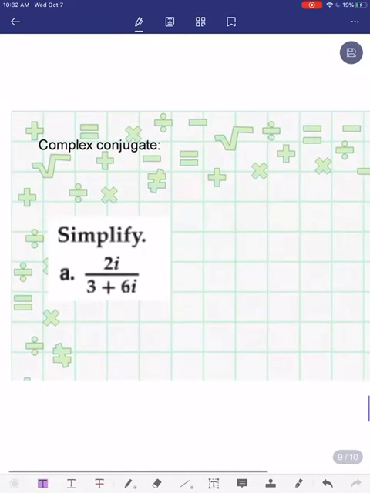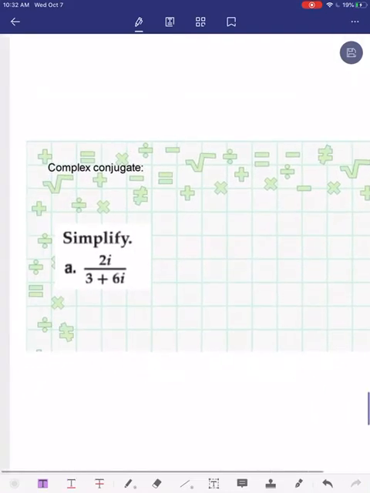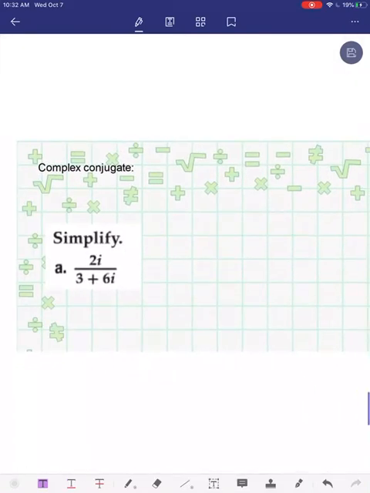Alright, so lastly we have division. And we can't just do division like we normally would when we have a division with complex numbers. What we actually have to do is kind of a form of multiplication.